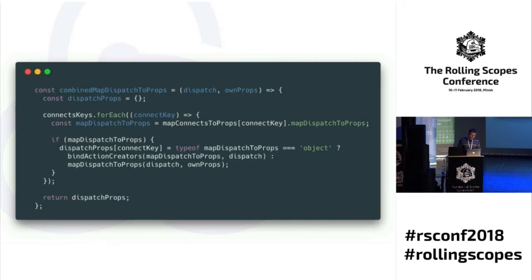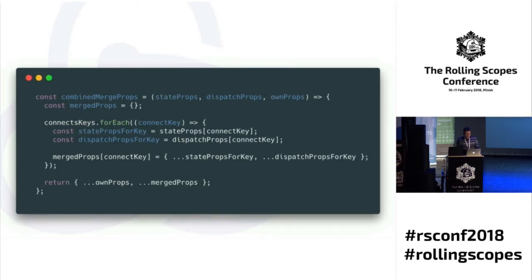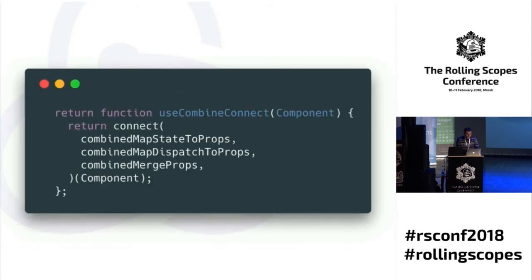And the same trick we will do for mapDispatchToProps. Exactly the same trick. And finally, we should merge data from the store and dispatch functions for every node. We iterate through keys and create a merged object. So our combine function is ready.